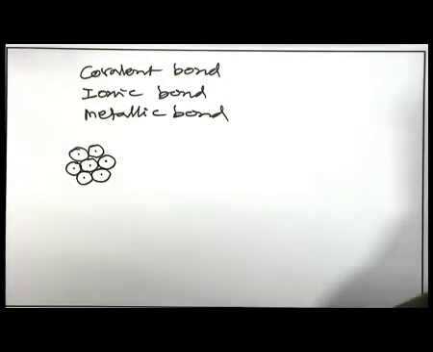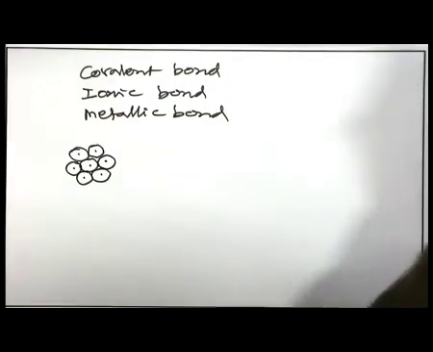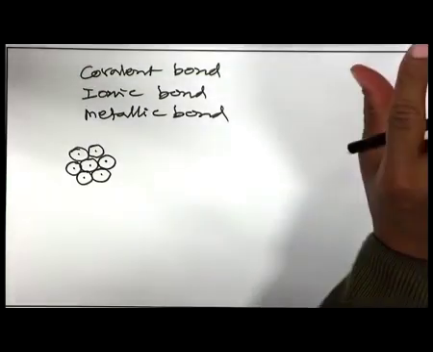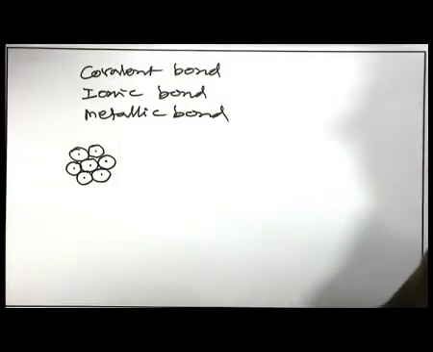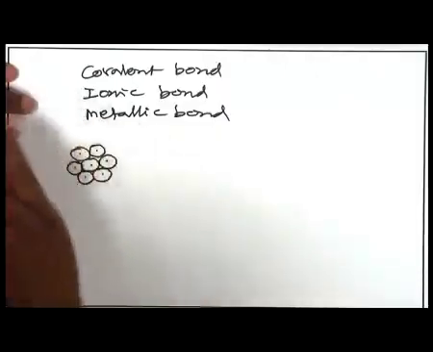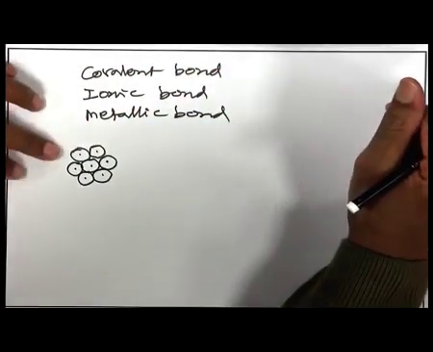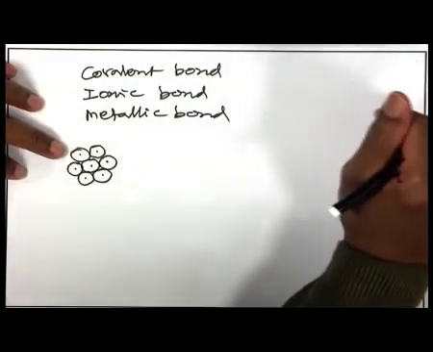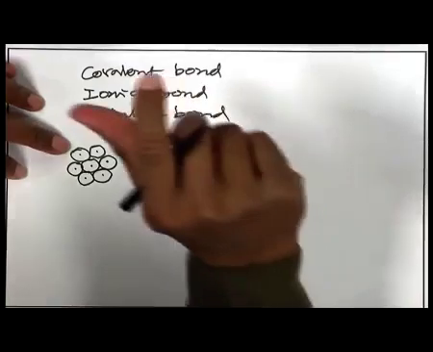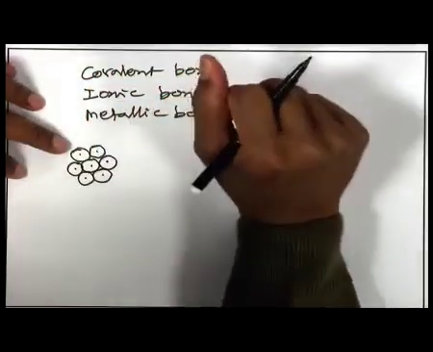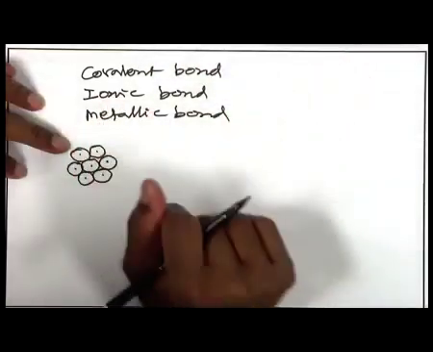Unlike covalent bonds, where a pair of electrons is shared between a pair of atoms, in metallic bonds electrons are shared among several atoms. The metals I drew here are only a two-dimensional figure; metals are arranged in a three-dimensional way. So, again there is sharing of electrons among the atoms, not between any two metal atoms, but among several atoms.